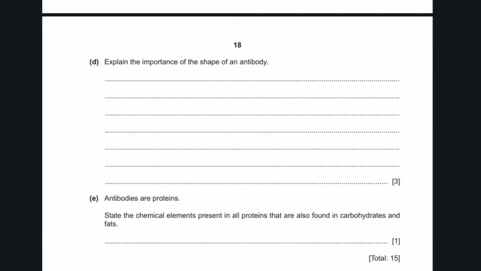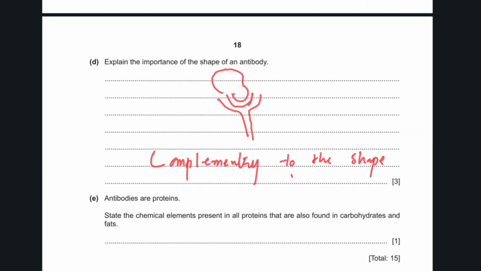Importance of the shape of antibody: the antibody has a shape like this, and if this shape is complementary to the shape of antigen, then it can recognize it. So what happens?